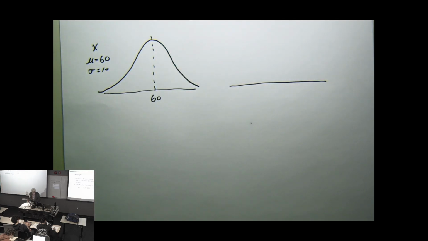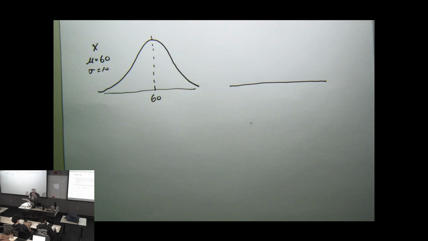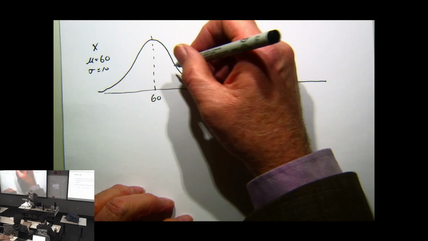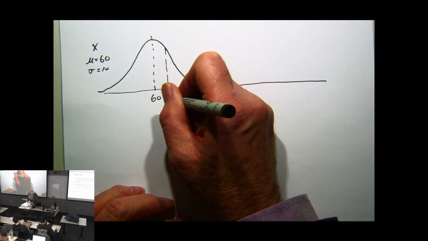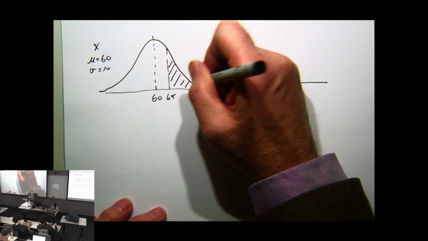Standard deviation of 10 means the points of inflection would be at 50 and 70. So 65 is about right there. And what I want to do is find this area right here.